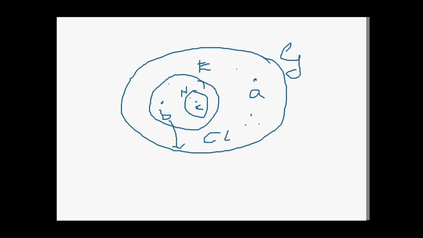If I do console.log of b, will it work? It will not work, because b is inside the function f, and globally I cannot access b. Can I access c globally? I cannot access c globally, because c is inside this n function. I cannot access c outside this function.